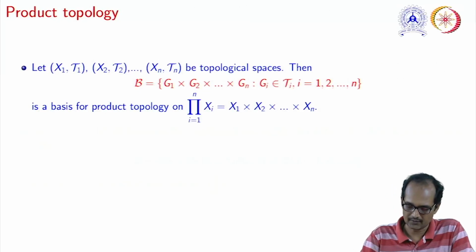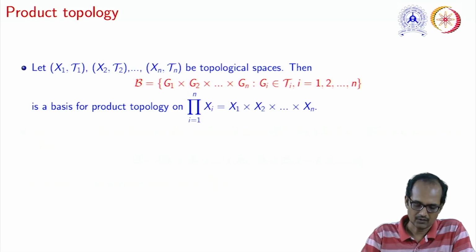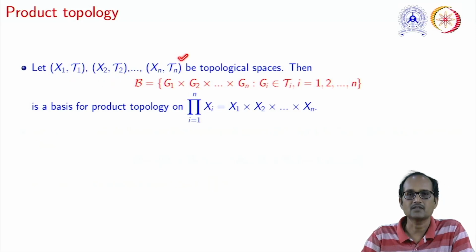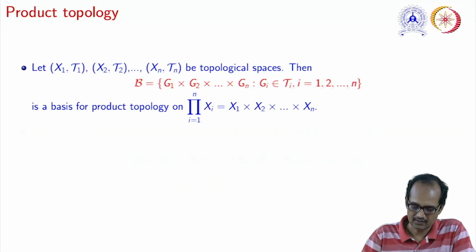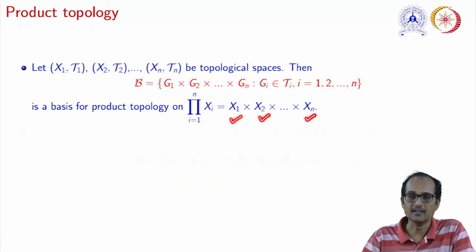If we are having topological spaces (X1, tau 1), (X2, tau 2) up to (Xn, tau n), then the collection of Cartesian products G1 cross G2 cross up to Gn, where Gi belongs to tau i, i from 1 to n, is a basis for the product topology on the Cartesian product of these n sets, and their Cartesian product is denoted by using this notation.